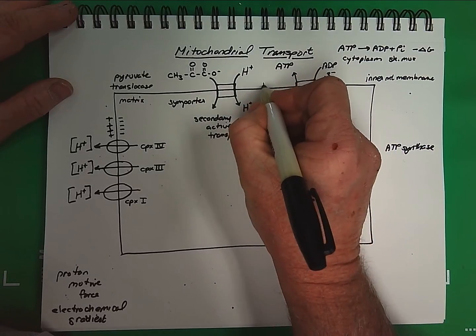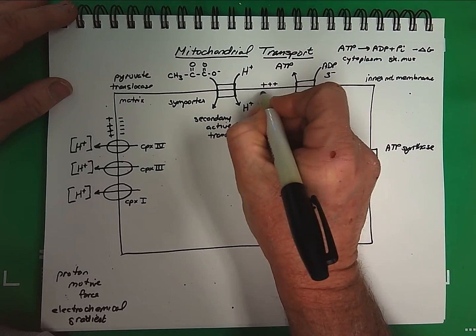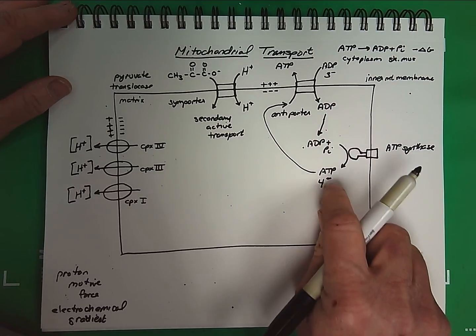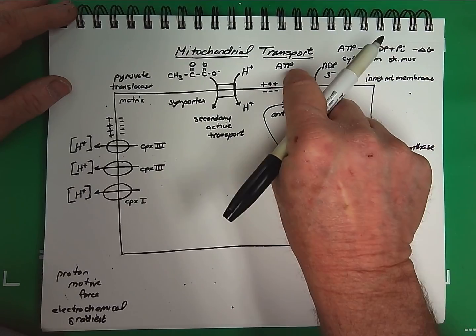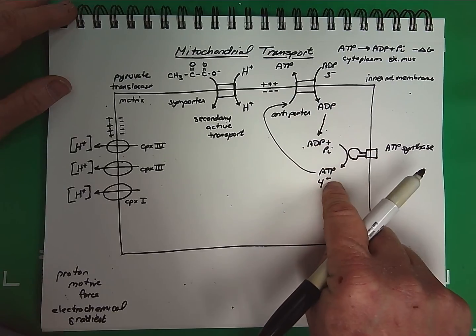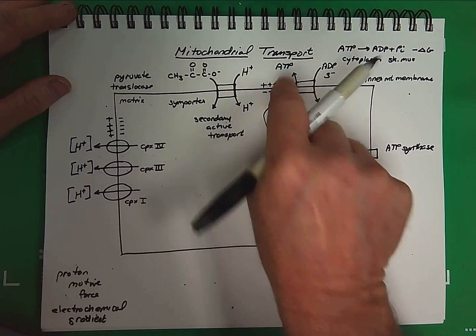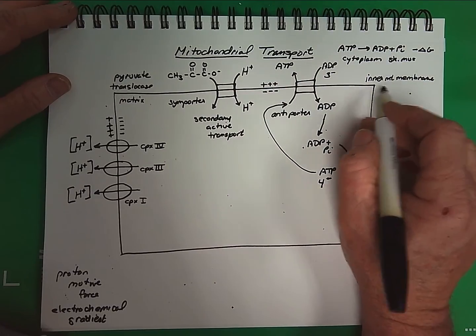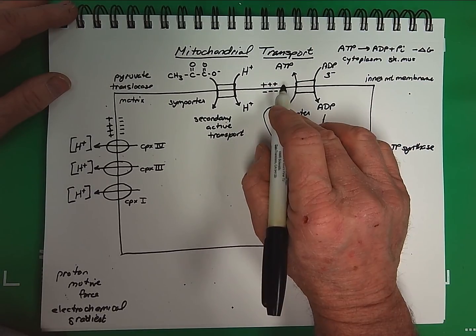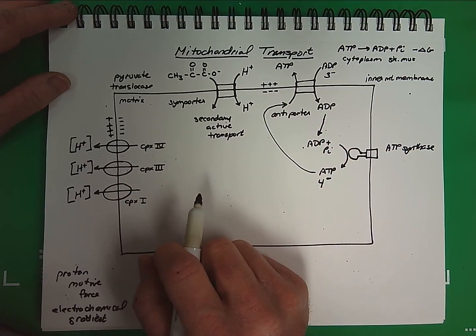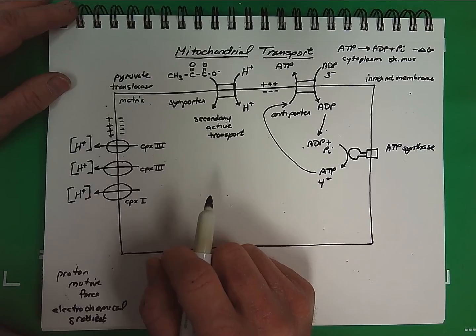Recall that the gradient that we have of protons is an electrochemical gradient, and so the imbalance of charge between the ATP and ADP, the extra negative charge in ATP, is being attracted to the positive charge on the outer surface of the inner mitochondrial membrane. That is also assisting in the movement and transport of ADP and ATP.